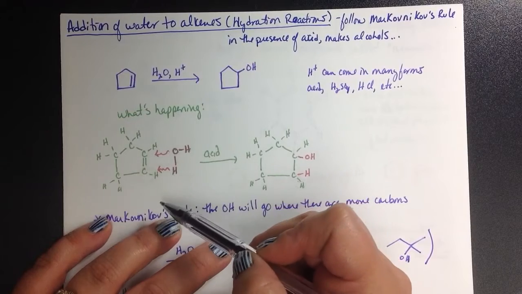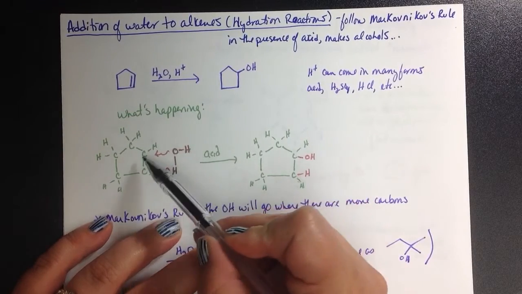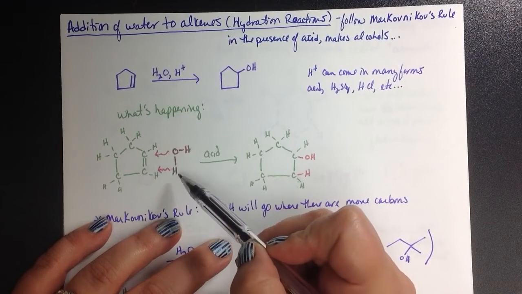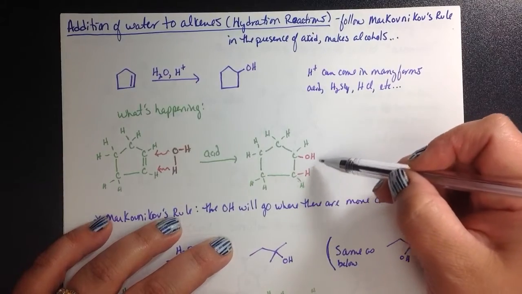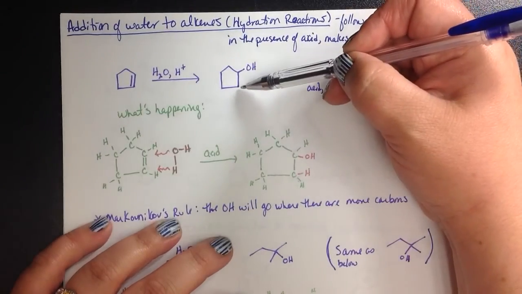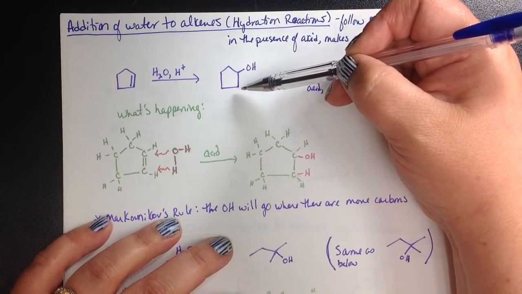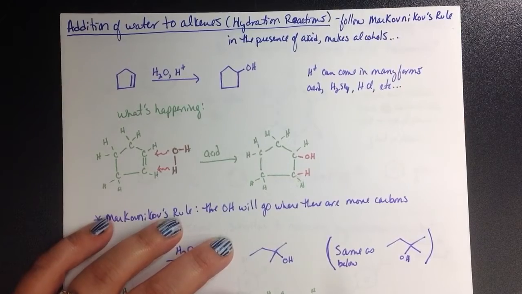I'm not going to show you what's known as the mechanism, but this OH is going to go and bond with that carbon, and this hydrogen is going to go bond with that carbon. And see how that gets added? We just don't write this H because we don't write any of the H's when we draw it like this, right? That's why we needed to know how to do that pretty easily.